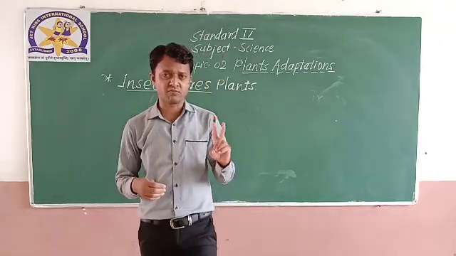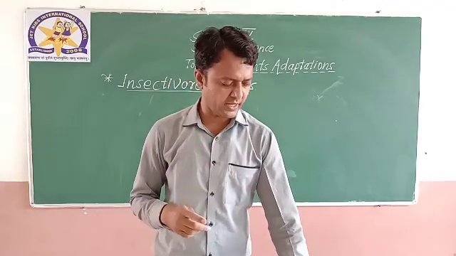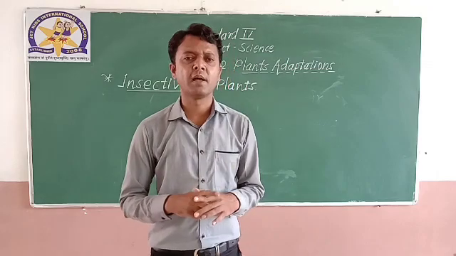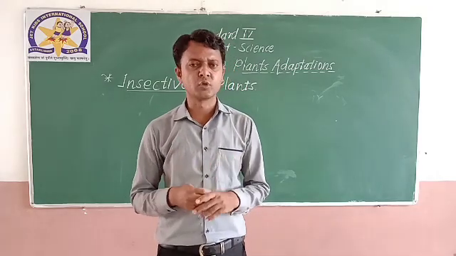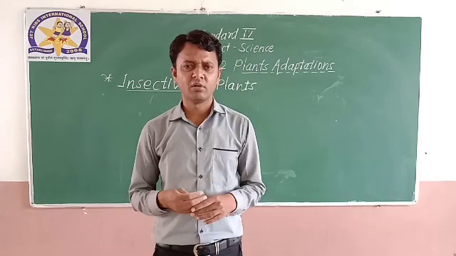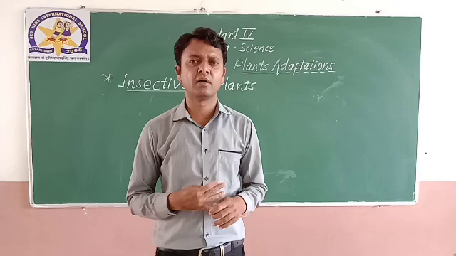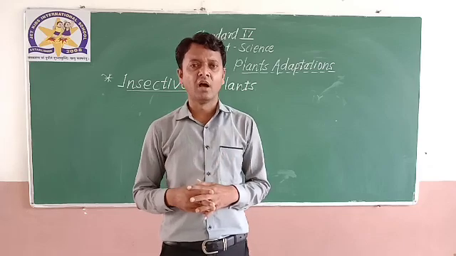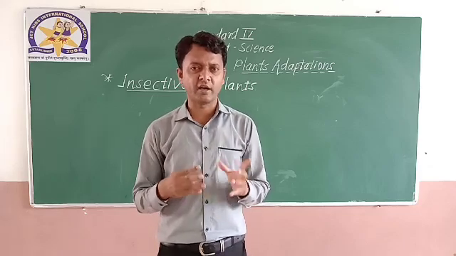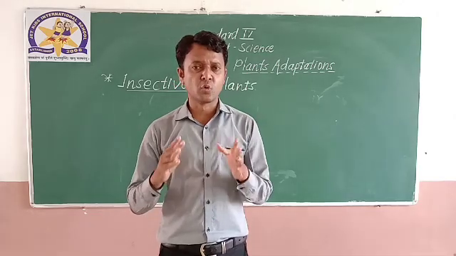There are two reasons, and I will repeat them once more, why plants need to depend on insects. Generally, plants make their own food by photosynthesis, in the presence of air, water and light. But here there are two conditions.